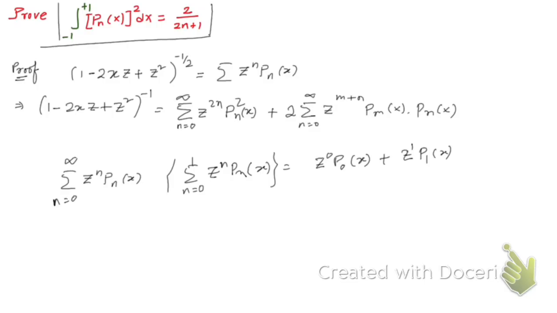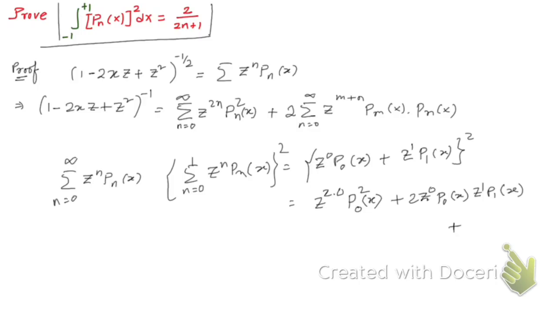Now if we square this, what are we going to have? We are going to have z to the power 2 into 0, P0 of x square, then plus 2 into z to the power 0 P0 of x into z to the power 1 P1 of x, plus z to the power 2 into 1, P1 of x square.